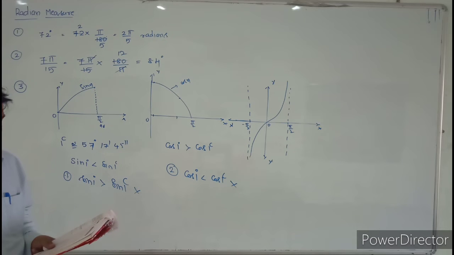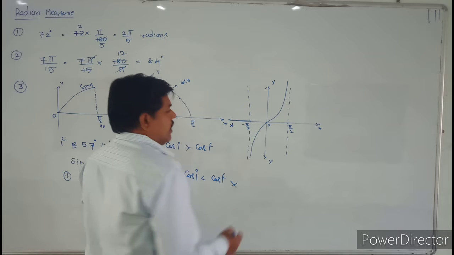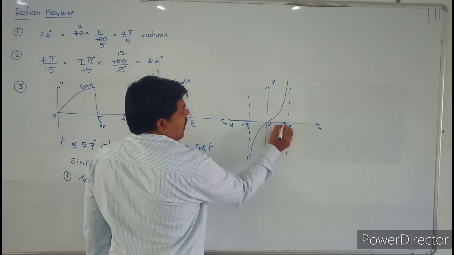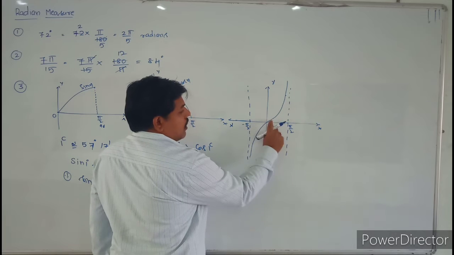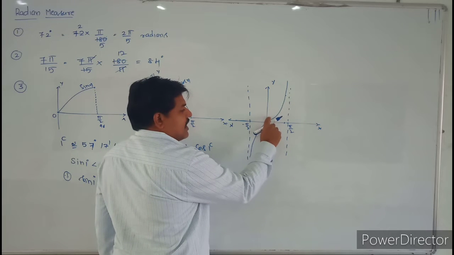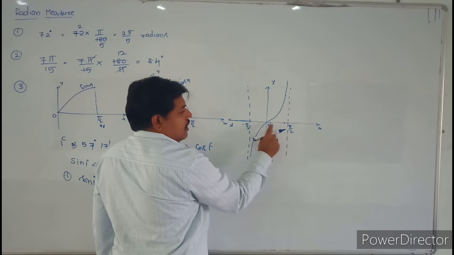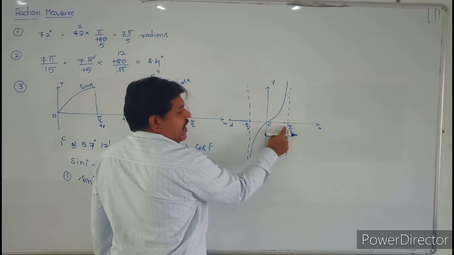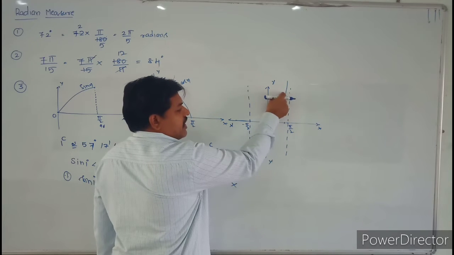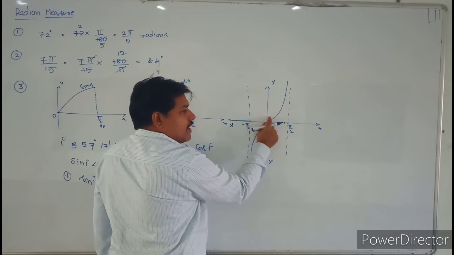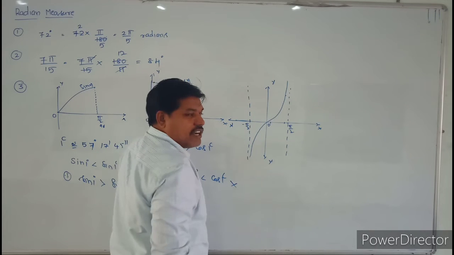So see the next one: tan 1 degree is less than tan 1 radian. So 1 degree is here and 1 radian is here. Tan 1 degree, 1 is here and 58 is here, so the 1 degree image is here, the 58 image is here. That means tan 1 degree value is less than tan 57 degrees.